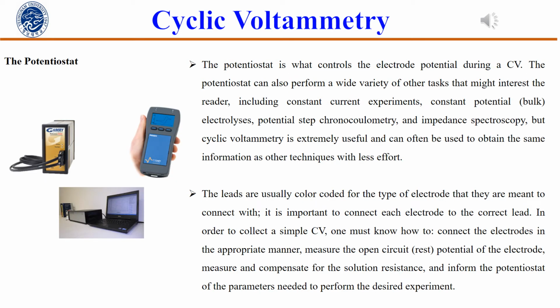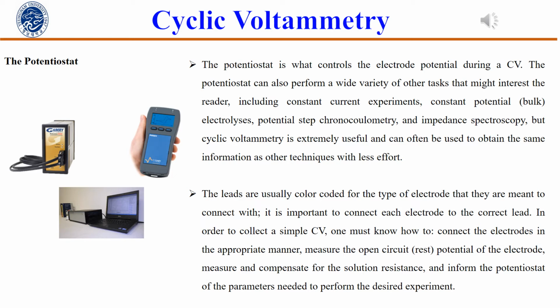We need to know about the potentiostat. We already mentioned in our previous slides that the potentiostat is an instrument used to change the electrode potential. Let's learn a few more points regarding the potentiostat.